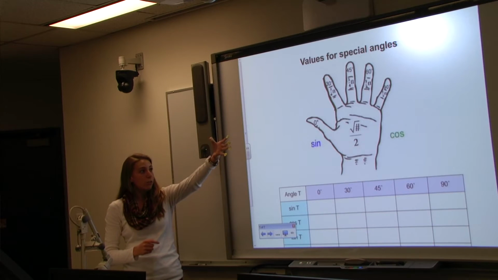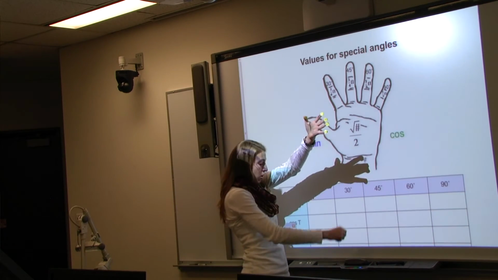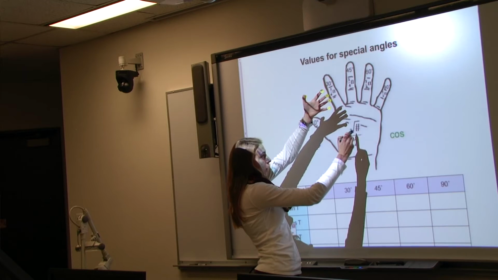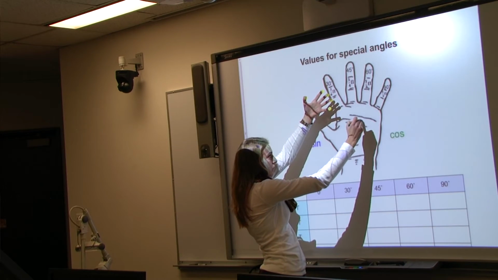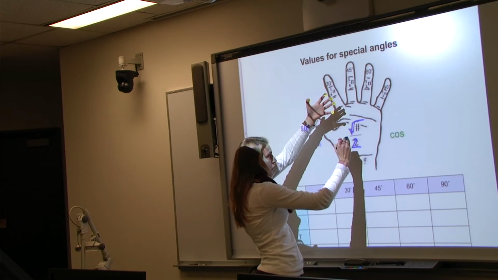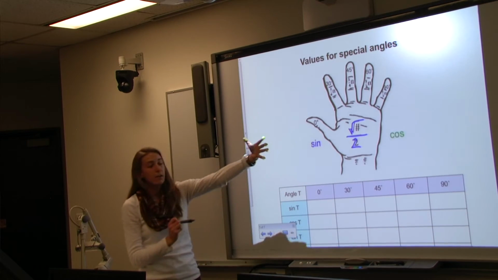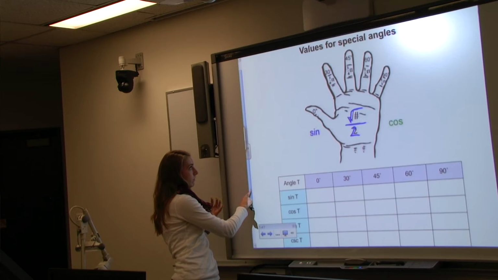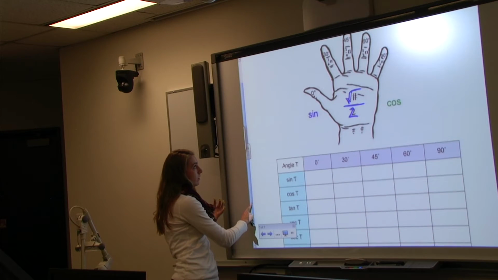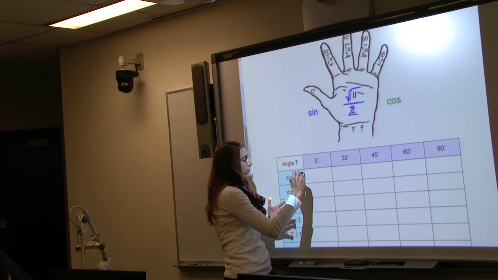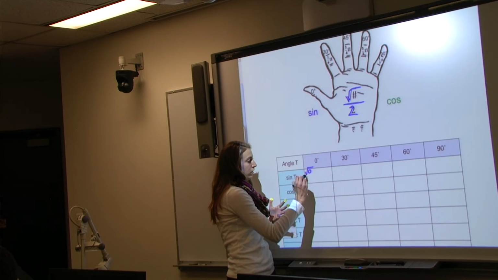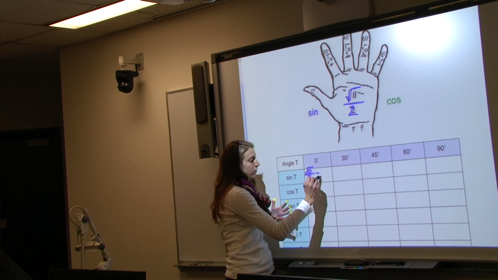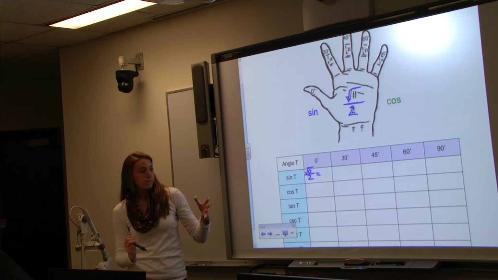So we have 0, and then we're going to put this under the square root, over 2, so we have that fraction. You can fill in your table with this too. So we have the square root of 0, all over 2. Can we simplify that?